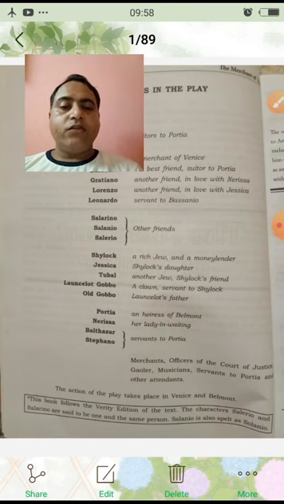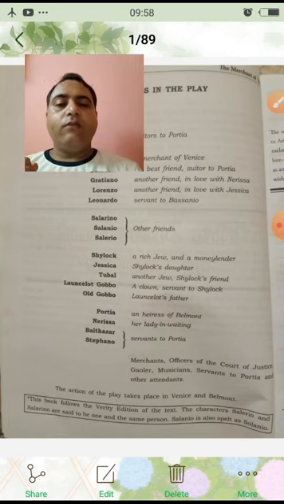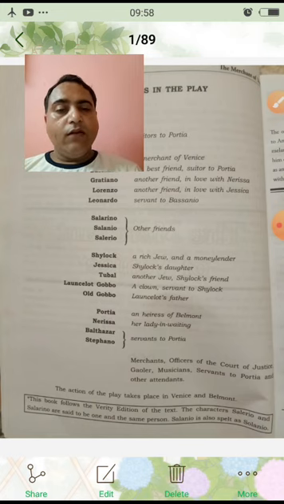Portia was the only daughter of her mother and father. So after the death of her parents, all the wealth of theirs transferred to her, and she became an heiress of Belmont.